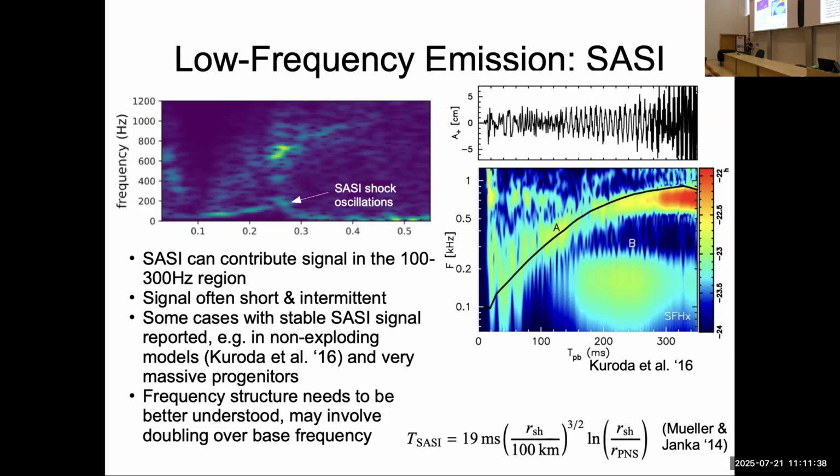Although there is also one caveat here, which is that I think we have never fully investigated and understood issues of perhaps things like frequency doubling over the base frequency of the SASE that may complicate the identification of this low frequency signal with any shock oscillation frequencies. So there's some very interesting physics to be found here, but you'd actually need to invest a lot more into this to really give the gravitational wave astronomers a definite answer.